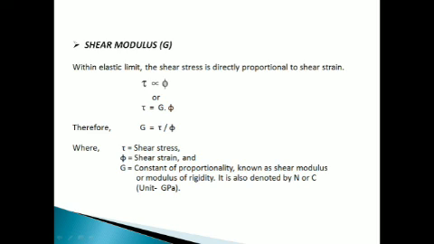Therefore, we get G is equal to tau divided by phi, where tau is shear stress, phi is shear strain, and G is the constant of proportionality, which is known as shear modulus or modulus of rigidity. It is also denoted by N or C, and the unit of shear modulus is gigapascal.